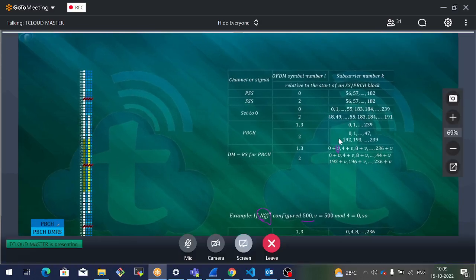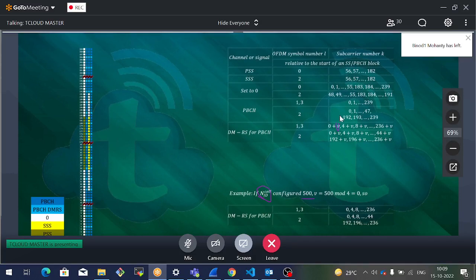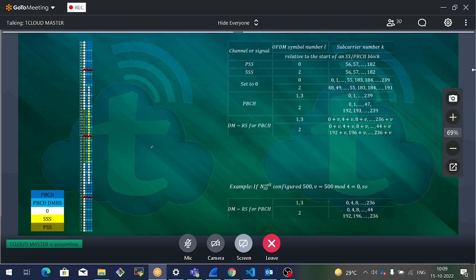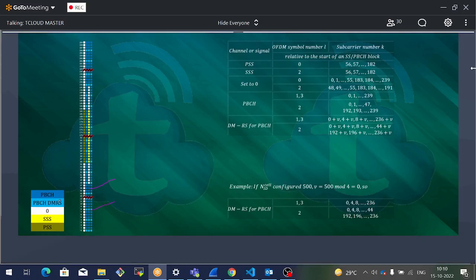Now, if you take a look at this, 4 different colors are explaining 4 different things, as you can observe here. So what is the color coding? Dark blue is PBCH, and this light blue is PBCH DMRS. These are zeros or null symbols, 0 plus 0j. We won't be placing anything there. We leave them empty.